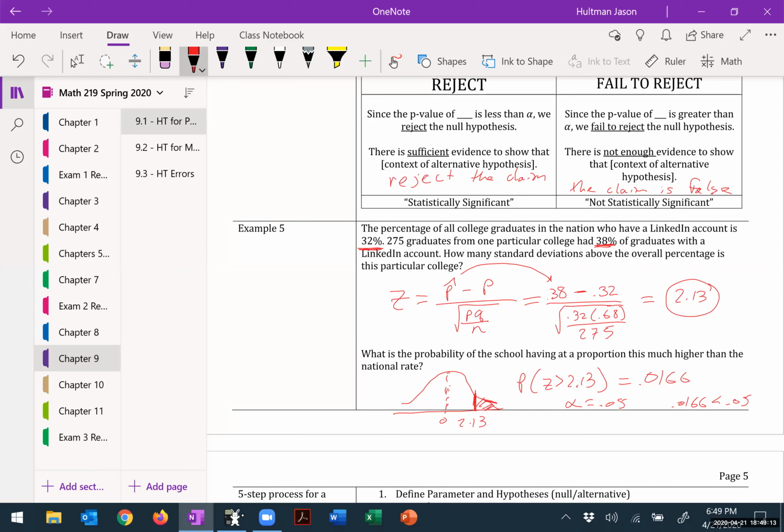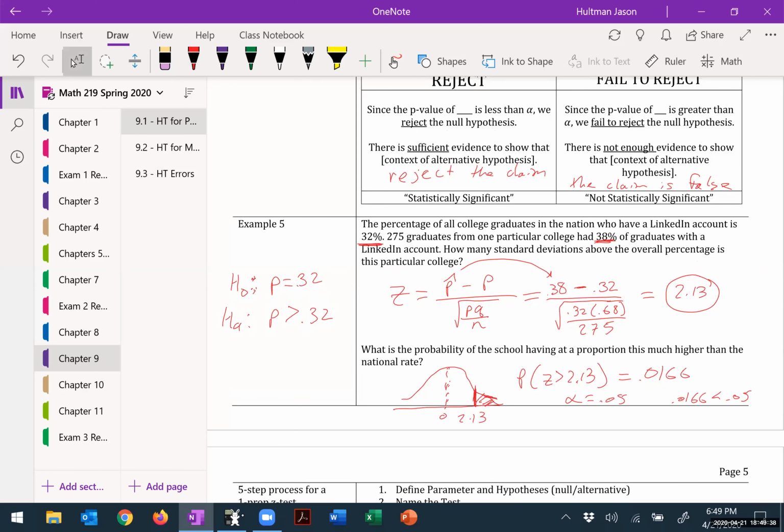If we had a hypothesis here, let's say that H0 was that the proportion of graduates was equal to 0.32, and the alternative was that the proportion was greater than 0.32. What would we do in this case? If we use an alpha of 0.05, we would reject the claim. We would say no, there's no way. They're at 0.38.